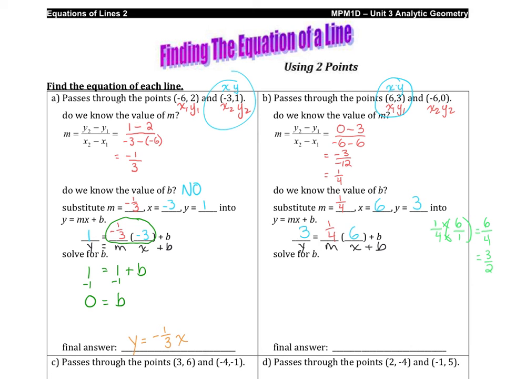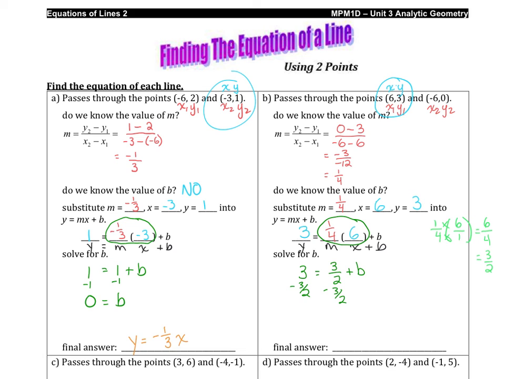If you use your calculator, you just have to make sure that you leave your answer as an improper fraction or a proper fraction. No decimals, no mixed numbers. So that gives you 3 equals 3 over 2 plus b. So now you're going to subtract 3 over 2 from both sides.